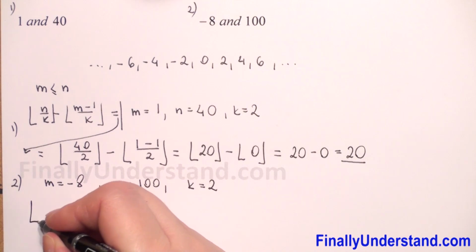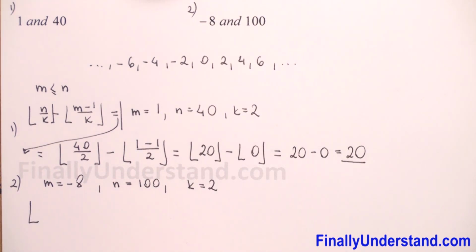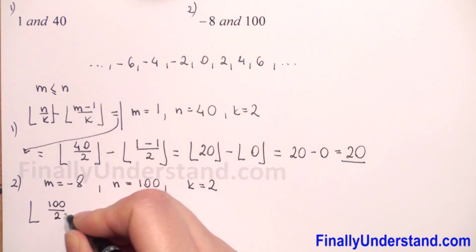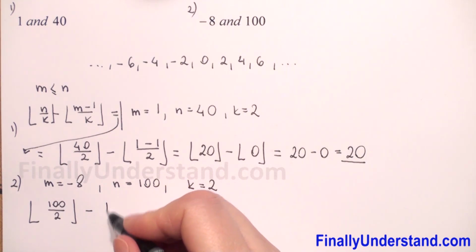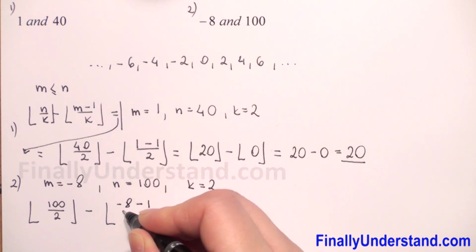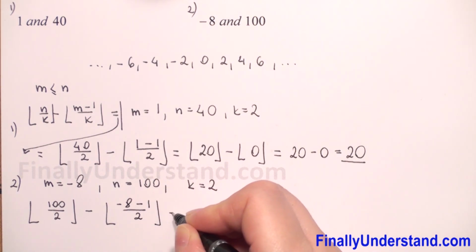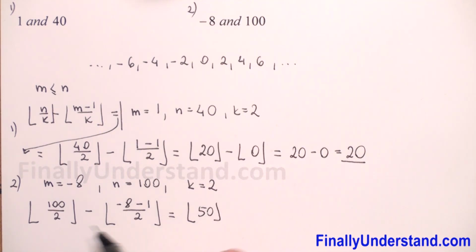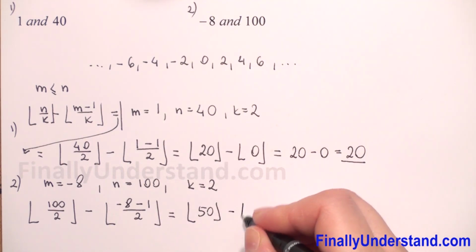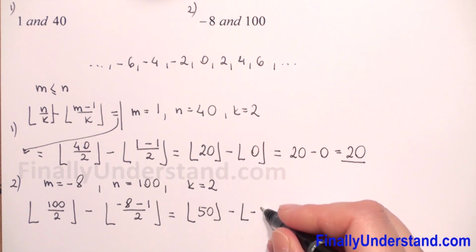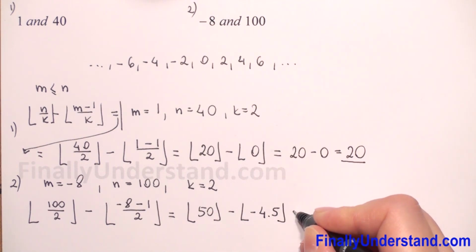So we have the floor of n over k, 100 over 2, minus the floor of m minus 1 over 2, with m being -8. So this is equal to the floor of 50, since 100 over 2 is 50, minus the floor of -8 minus 1, which is -9, over 2, which is -4.5.